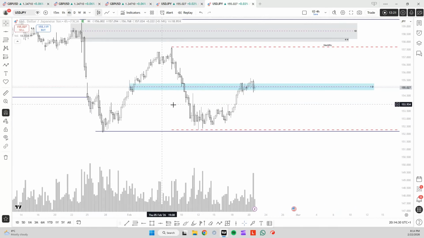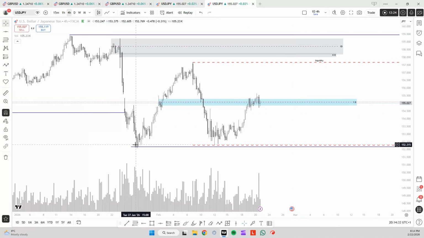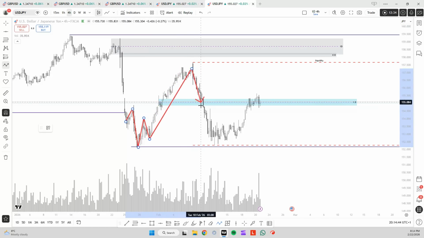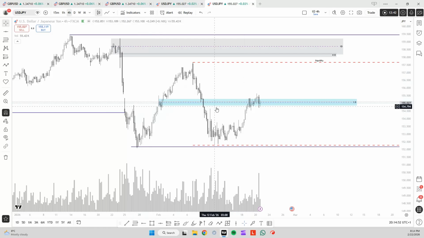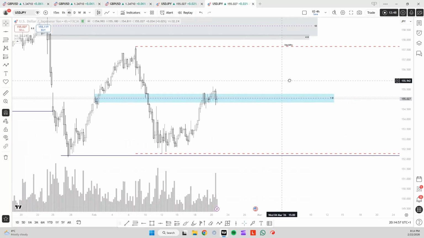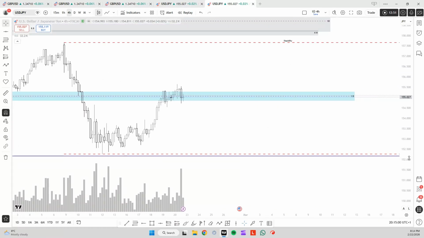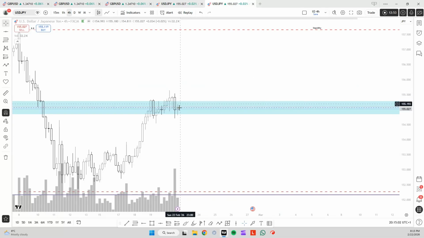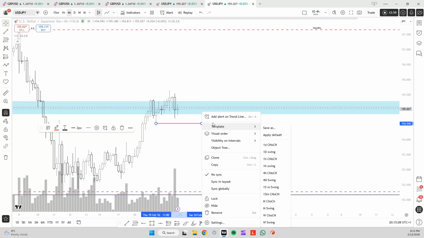So also looking on 4 hour, the price may just continue bullish because it got a consolidation, broke out of the consolidation, began a new one, and I do expect it to keep going. Although I'd like to see it going past this level.